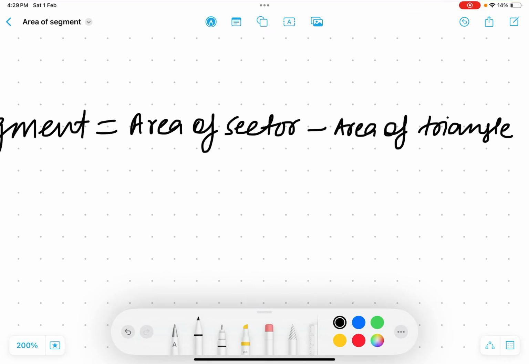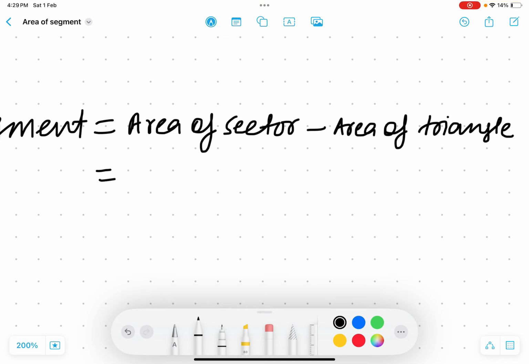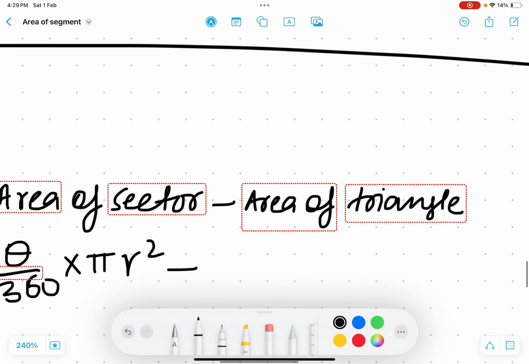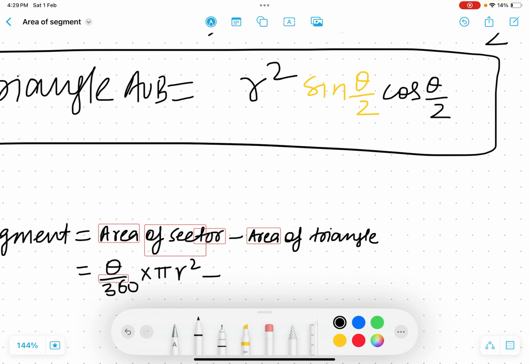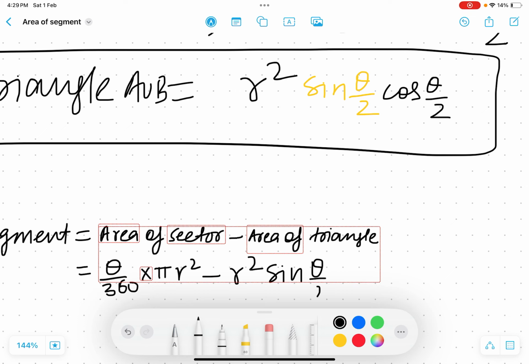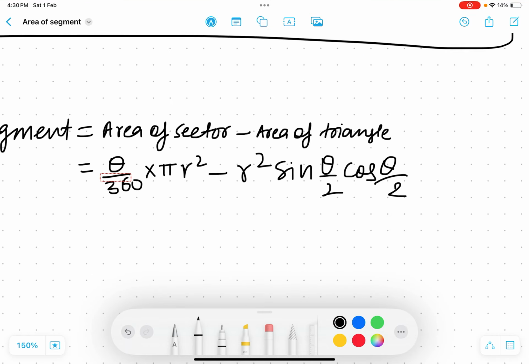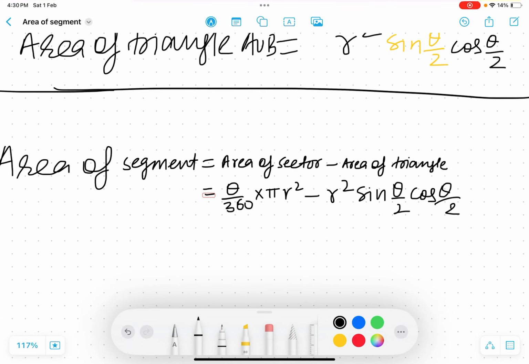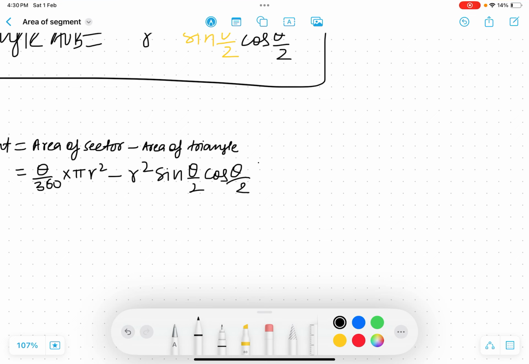What is the area of sector? We know it is theta by 360 into pi r square, minus what we have calculated for the area of triangle, r square sine theta by 2 and cos theta by 2. So this is the formula for the area of segment. Square unit you can write.